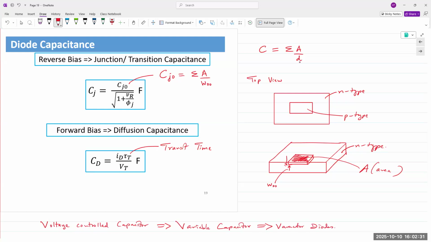Okay, varactor diodes. It's already 4:02, so we're a couple of minutes over time.